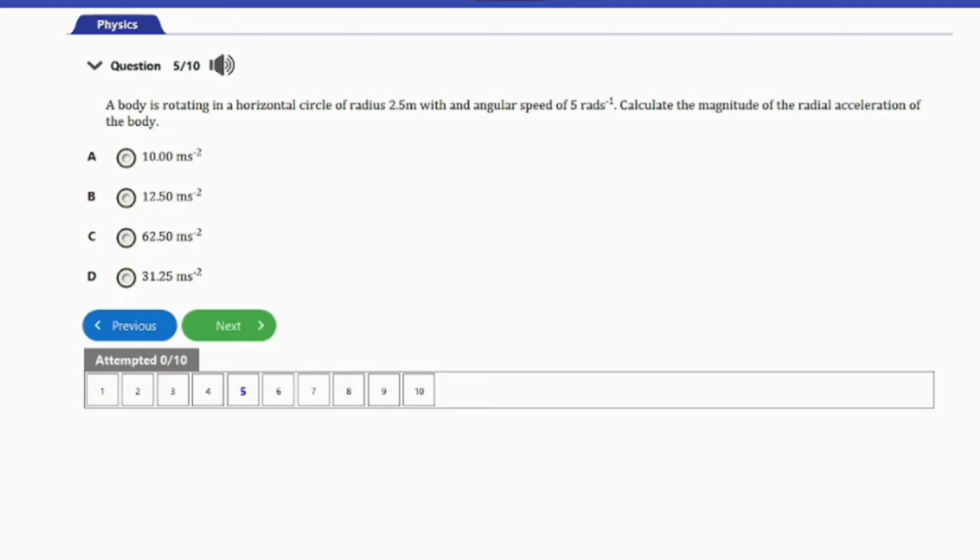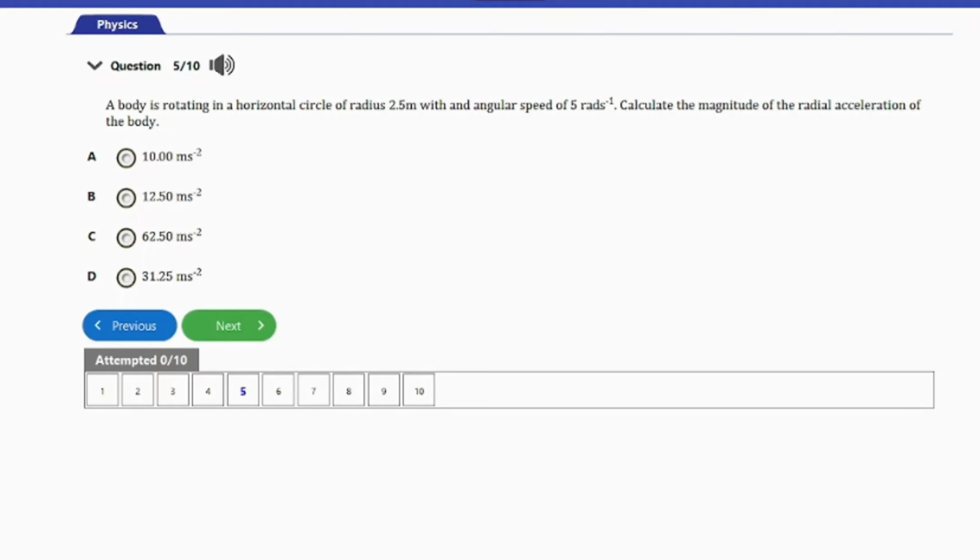The next question is question number 5. It says, a body is rotating in a horizontal circle of radius 2.5 meters with an angular speed of 5 radians per second. Calculate the magnitude of the radial acceleration of the body.